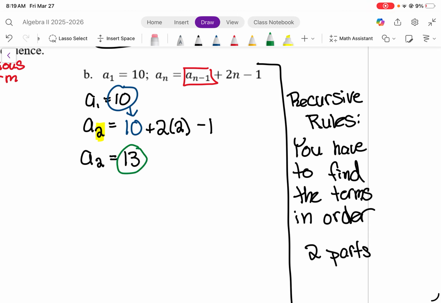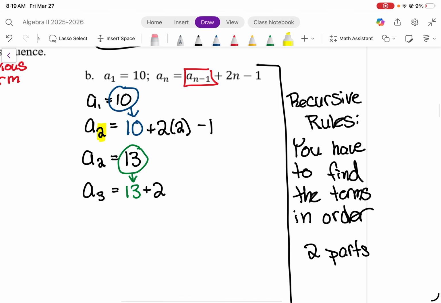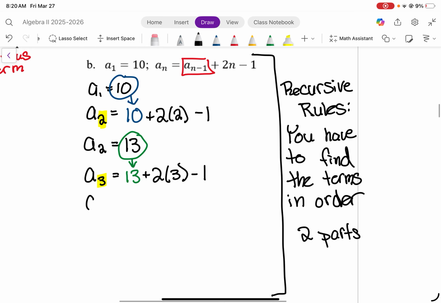Then when I find a sub 3, again, the rule starts with the previous term, so I'm going to take the 13, which was my previous term, plus 2 times n, and in this problem, my n value is now 3, minus 1. And again, I'm going to figure out what that equals. This one would come out to be 18. And now I can find a sub 4.